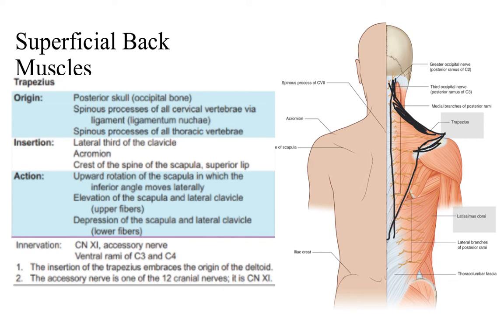Also elevation of the scapula, so that's up here as well as through here, and then depression of the scapula when you are activating these fibers down here. The trapezius is innervated by cranial nerve 11, also known as the accessory nerve or spinal accessory nerve, as well as ventral rami of C3 and C4.